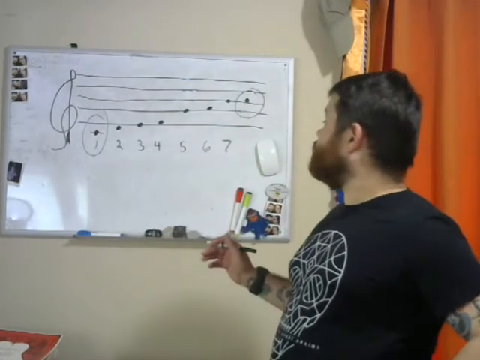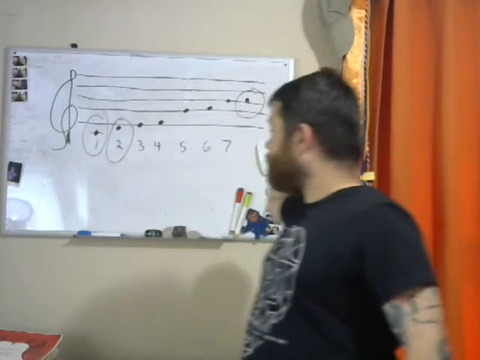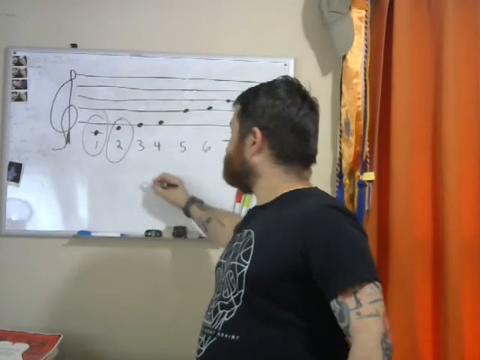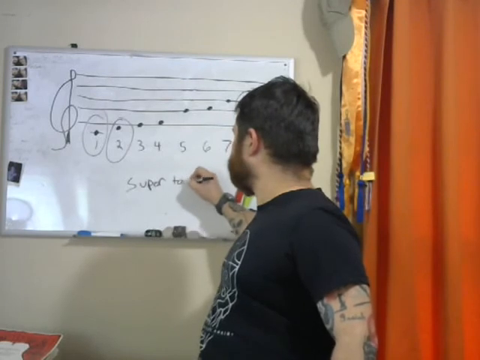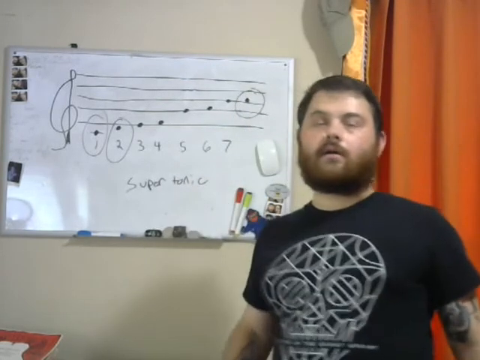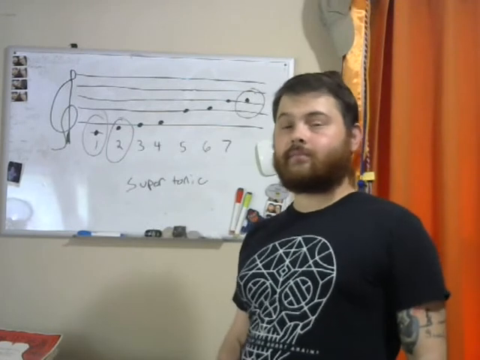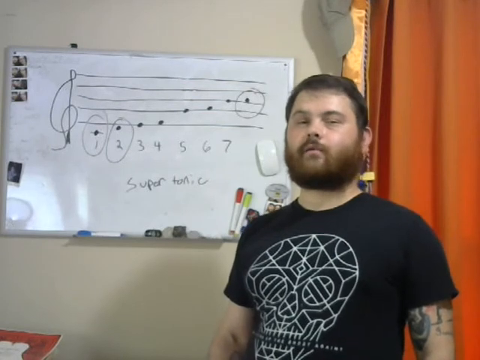Then we have our second scale degree, which is a D. We're going to call this a supertonic, because it also has a tonic kind of feel, but it's not C. We'll get into why that is.